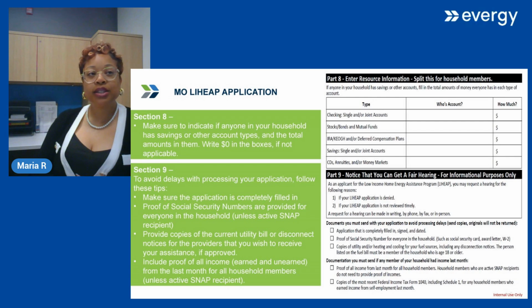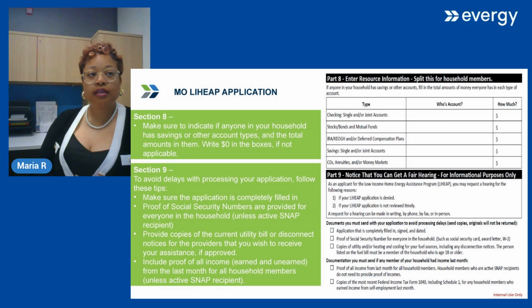Section 8 is resource information. Make sure to indicate if anyone in the home has savings or other account types and the account balances. Placing zero values here is acceptable if this section does not apply.